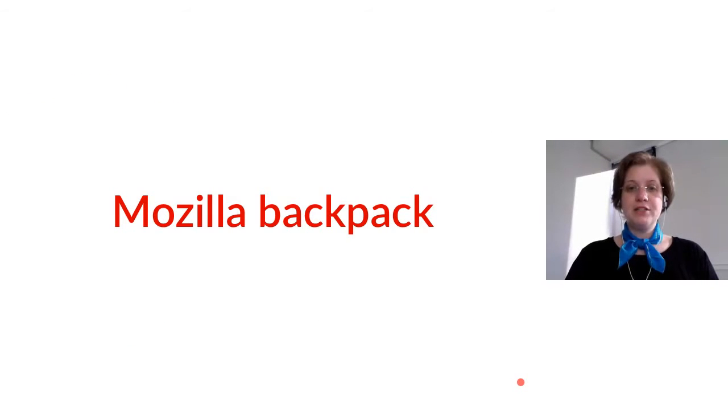Now, Richard already mentioned the Mozilla Backpack. Now that we've issued a badge in Moodle and somebody wants to share it in Mahara, then we would need to go via the Mozilla Backpack. And currently, the Mozilla Backpack is the only one where we can store open badges.